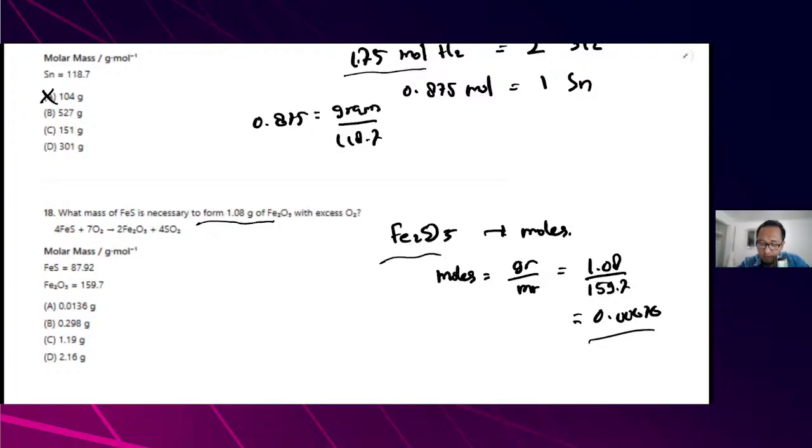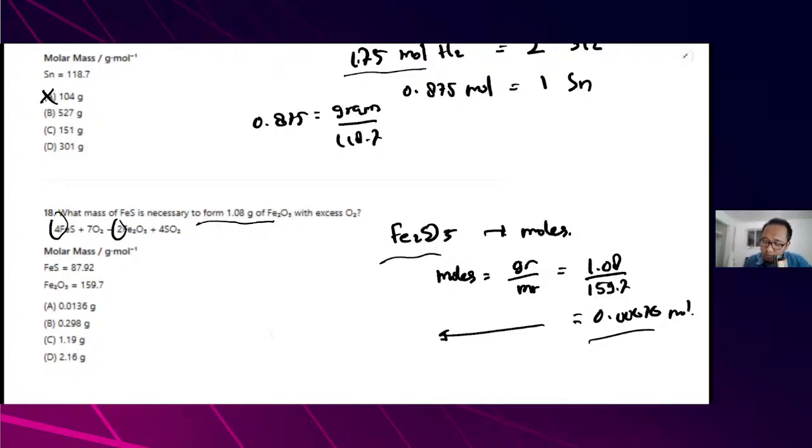If we look at the coefficient here, it has 2, right? And then for FeS it has 4. So based on that information, we only need to times 2 for this mole.